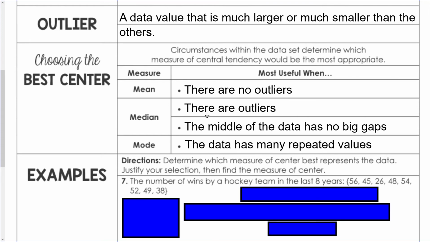Median is best when there are outliers, meaning one or more that are outside somewhere, and if the middle of the data has no big gaps in it. A big gap in the middle could mess with that a little bit. Mode is useful when the data has many repeated values. It doesn't mean you can't use the other ones in other cases. If there is an outlier, you could still find the mean, but it's maybe a little less useful.